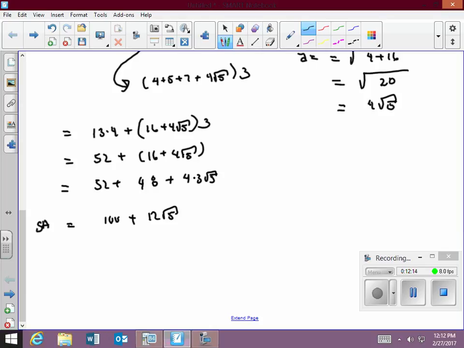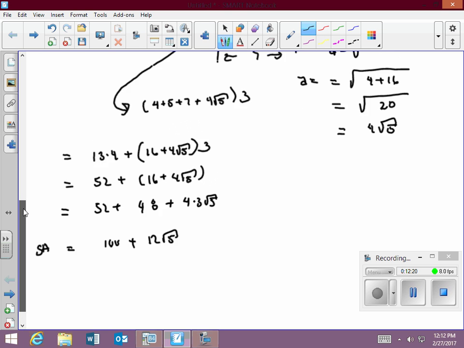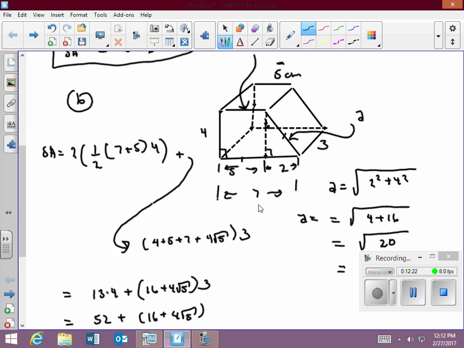Six. Here's where I made a mistake. That's 2 square root of 5, because 20 is 4 times 5. That number right there is going to be a 2.